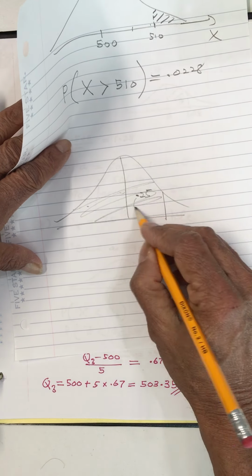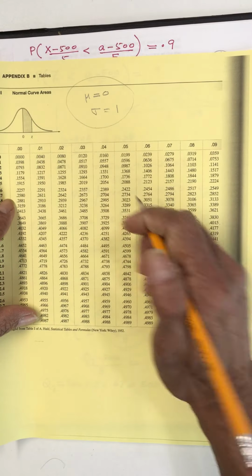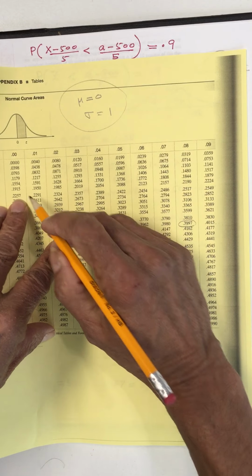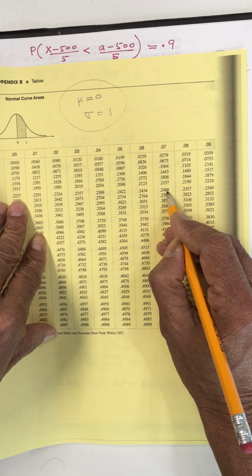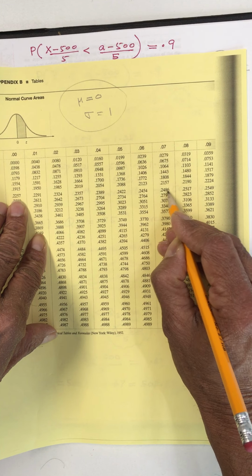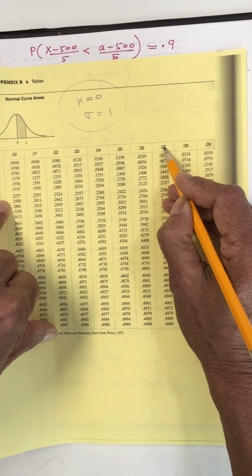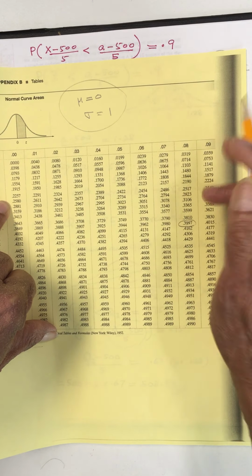So you need to look inside the z table for the value as close as possible. Looking for 0.25, right here, in between those two values. This value is actually the closest, so here it is going to be 0.67, or 0.68, depending on the case.